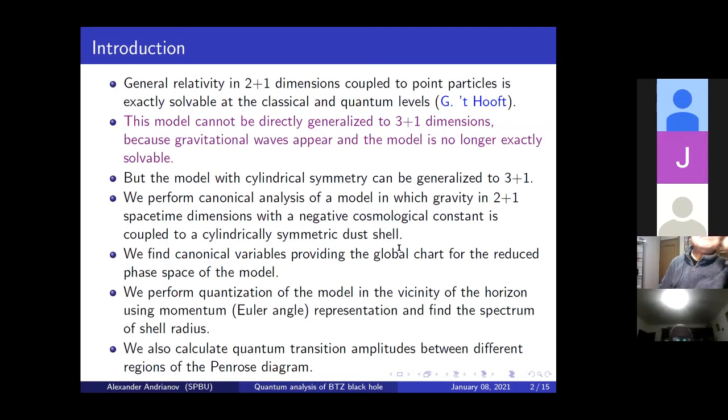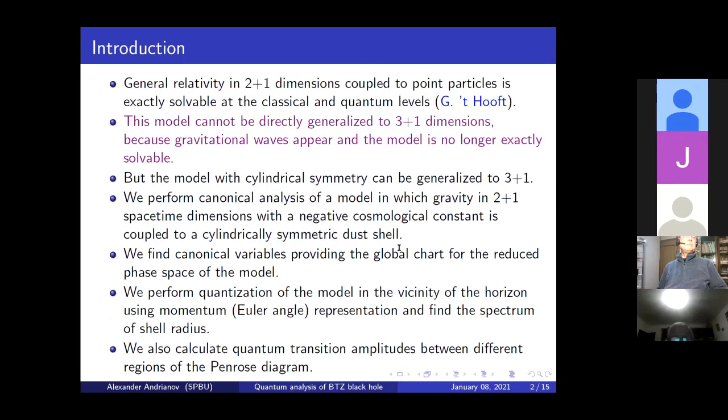First, without any point-like masses or cosmological constant, this theory is trivial, and with point particles it was exactly solved by Gerald 't Hooft.